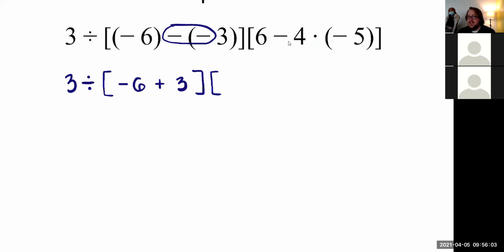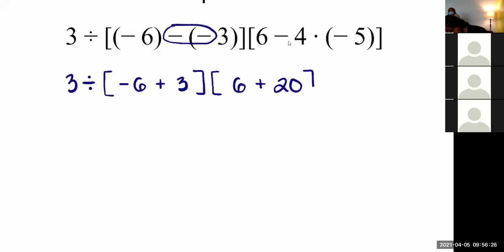Multiplication. Subtraction never comes before multiplication. So what I'm actually multiplying here, I'm going to use that minus sign technically, and take that -4 times a -5 to get what? Positive 20.